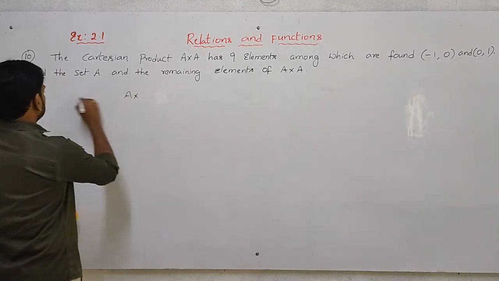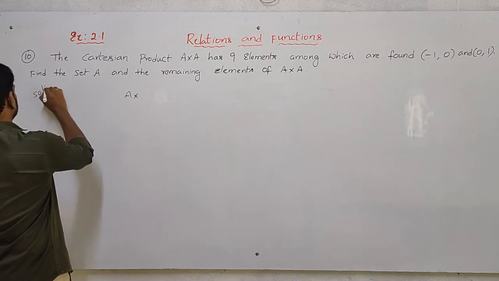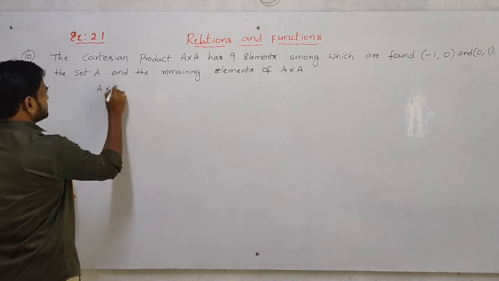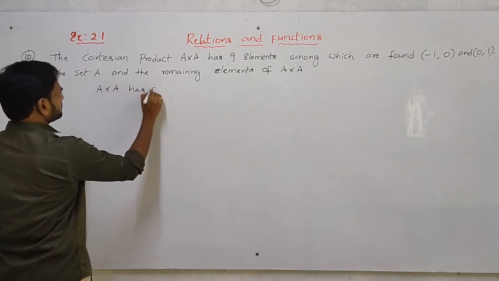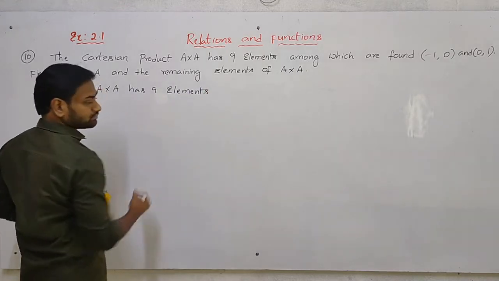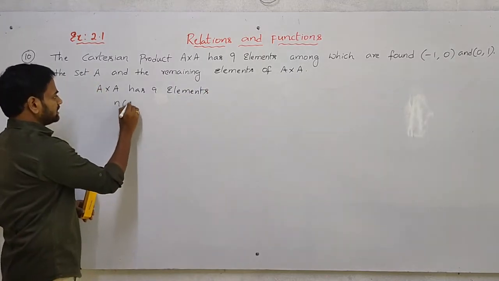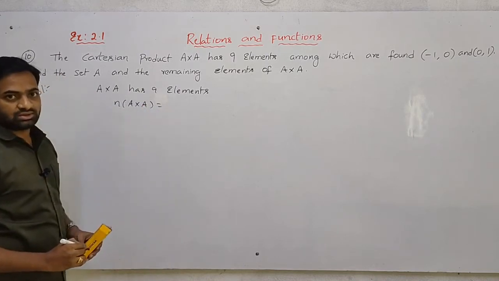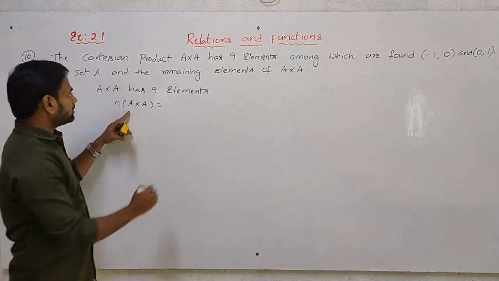A cross A has 9 elements, that is n of A cross A. Number of elements in A cross A are 9.